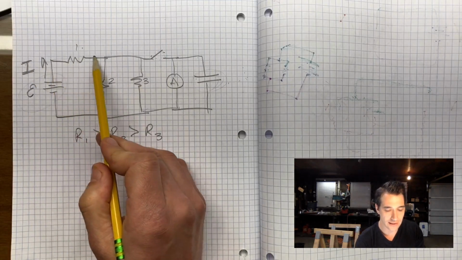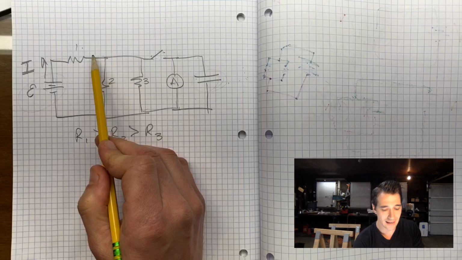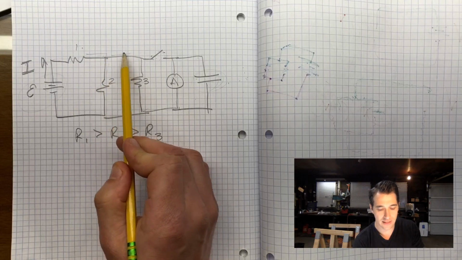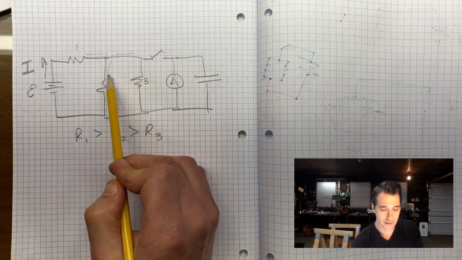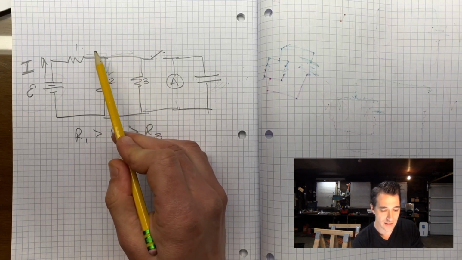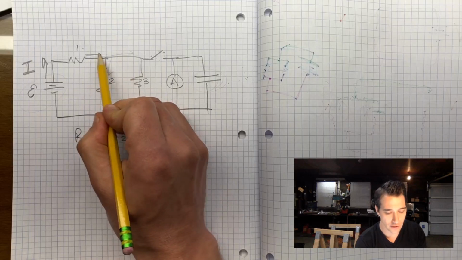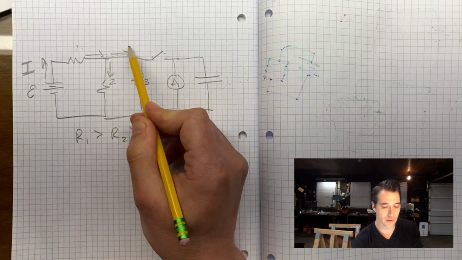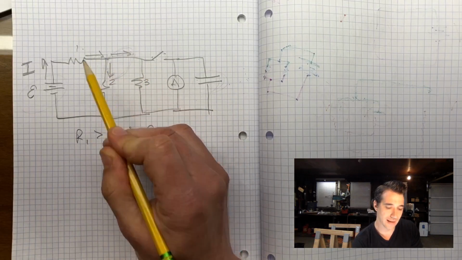Now, when that current gets here, this current can split into 2 pieces. And these 2 smaller parts have to add up to this. This is what we call the junction rule. The current into a junction has to be the same as the current going out of the junction. So these two have to add up to that one.